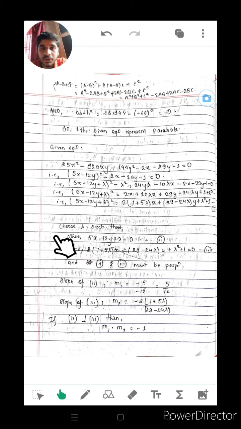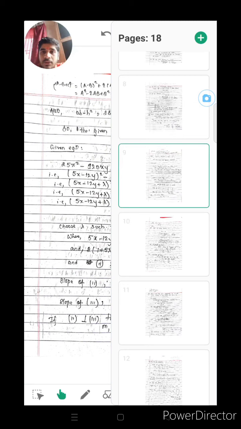After that we choose lambda such that this equation equals 0 and this equation equals 0, and these two equations must be perpendicular. That means the first equation's slope and the second equation's slope multiplied must be -1. So let's move forward.